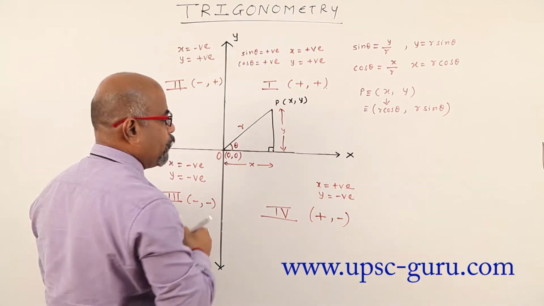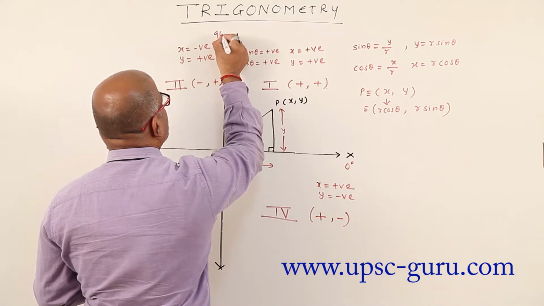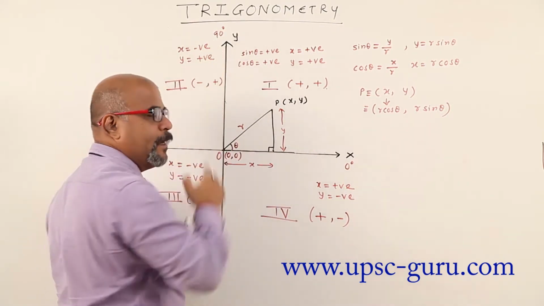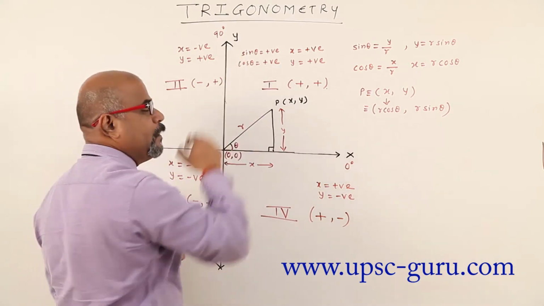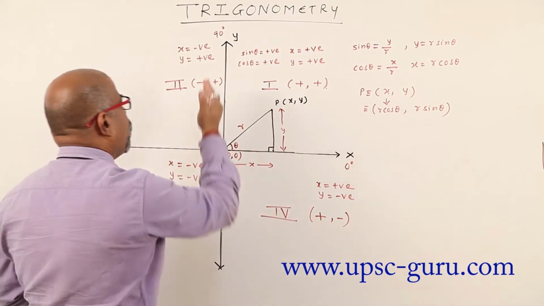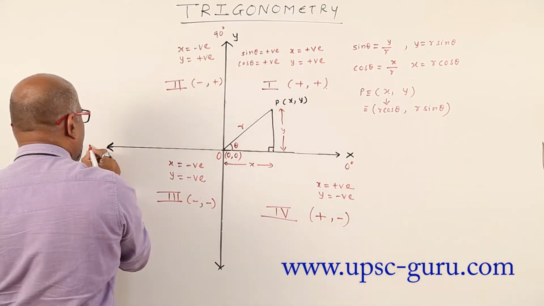First quadrant means from 0 degree to 90 degree. That means when we are between 0 to 90 degree, any angle, the value of sin theta is always positive and cos theta is also positive.